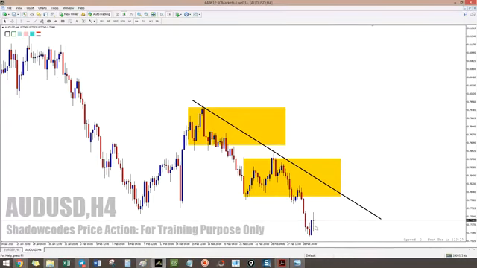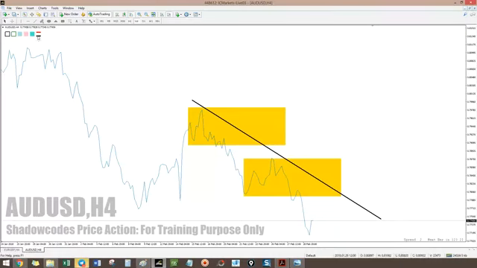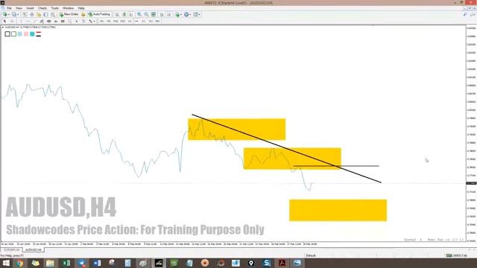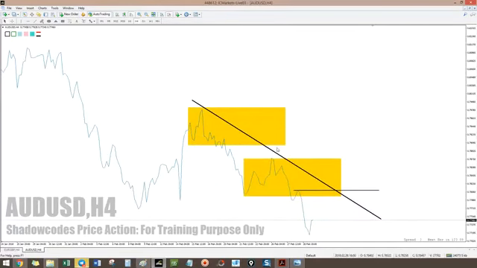So for this to be a valid QM, it needs to break this first. The last swing over here, you need to break here first to make it valid as an excessive. So right now we do not have an excessive market yet. So this is still participation.